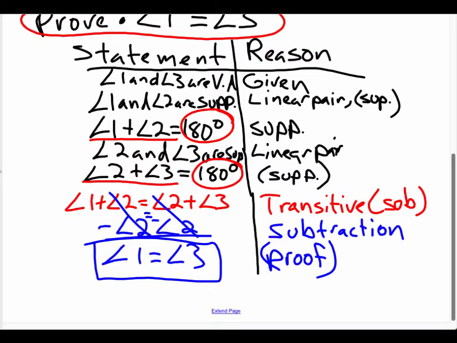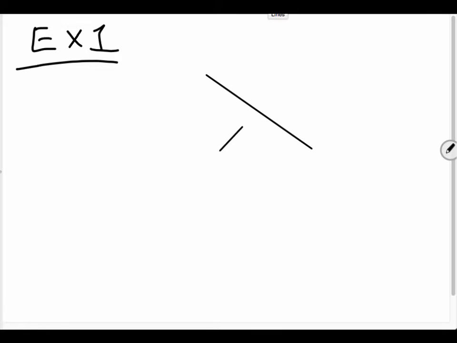So now that we've proven that, let's apply it. Okay? So for the actual example number 1, what we have is a pair of vertical angles, perfectly drawn vertical angles, right?